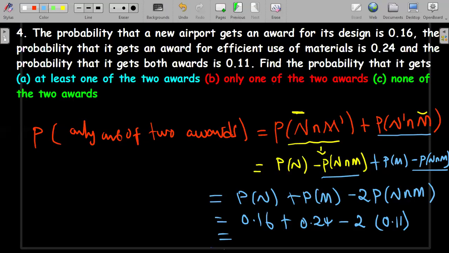Okay, let me punch this. I'm getting 0.18 as my probability of only one of the two awards. So that's how we answer B there. So any questions there?